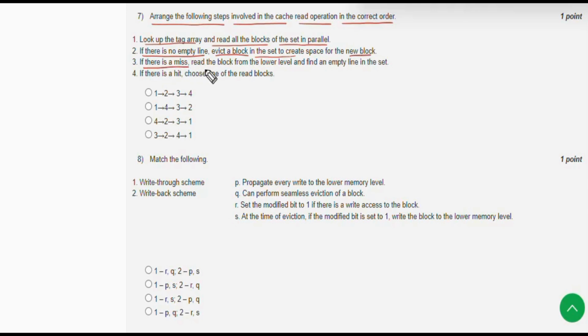If there is a miss, read the block from the lower level and find an empty line in the set. If there is a hit, choose one of the read blocks. So here 1 4 3 2, 1 then 4 3 then 2 will be the correct order. Okay, so I select this one, 1 4 3 2.